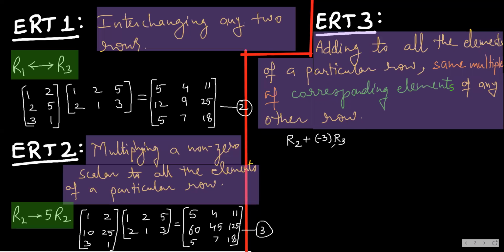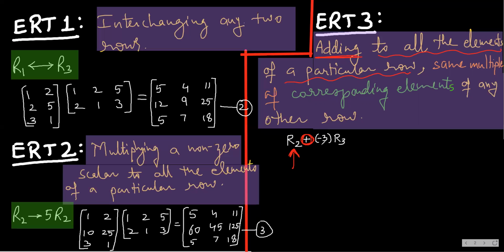And when I'm going to do this, what am I going to do? See, I'm adding. That is what I wrote, adding, to all the elements of a particular row. What is that particular row? R2. I'm adding to the elements of R2. And what am I adding?